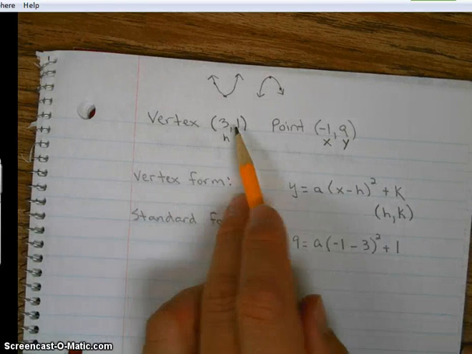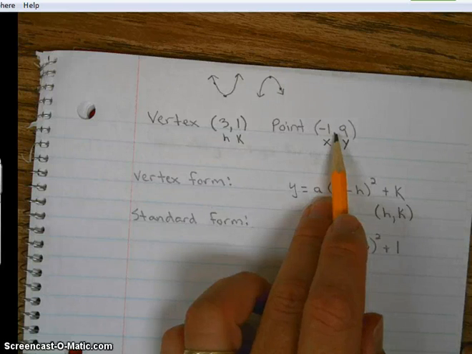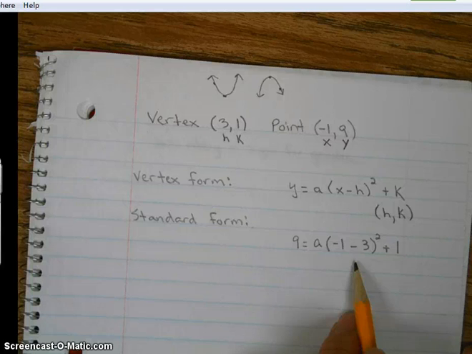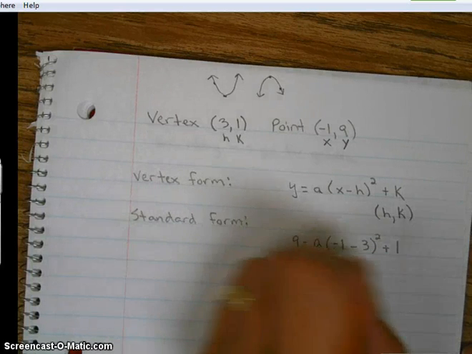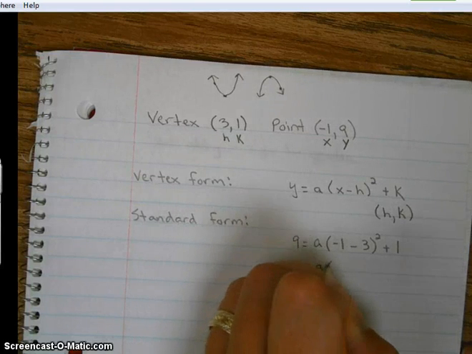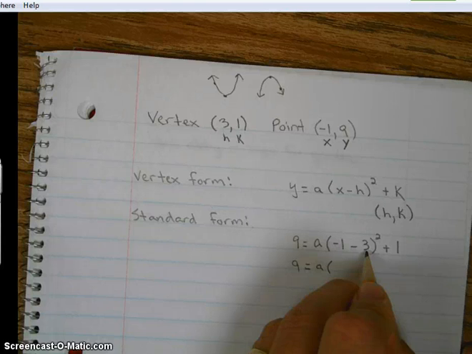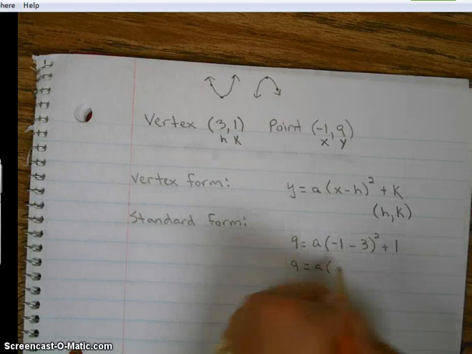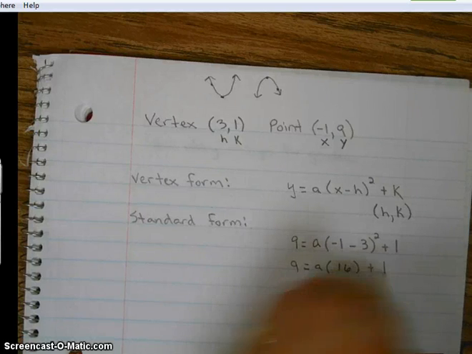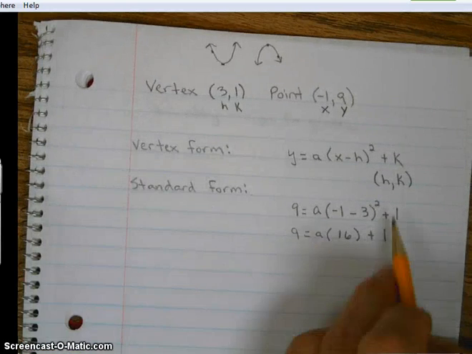So this is what you need to do. When given a vertex and a point, you plug them into the vertex form and solve for a. So solving for a, we start inside the parentheses. -1 minus 3 is -4, -4 squared is 16. So we simplified first.